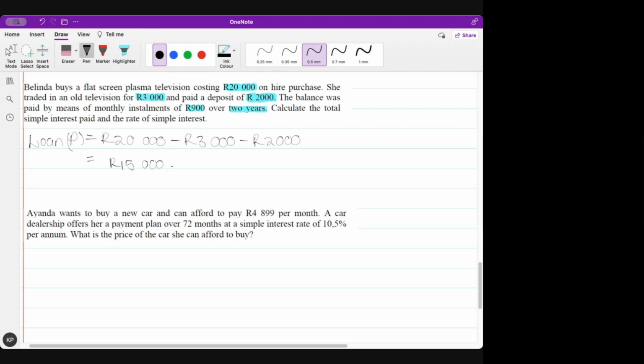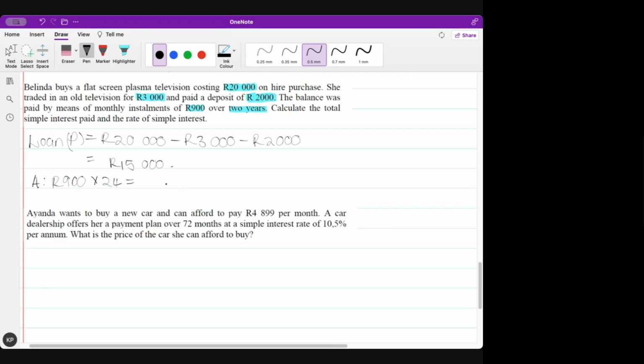So this is our loan amount, the principal, which is 15,000. Let's see what our accumulated amount is, which is what he actually paid. We know that because it's 900 rand monthly over a period of 2 years, so that's times how many months? 24 months.